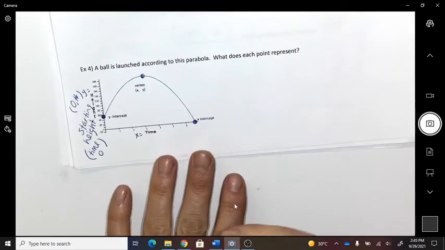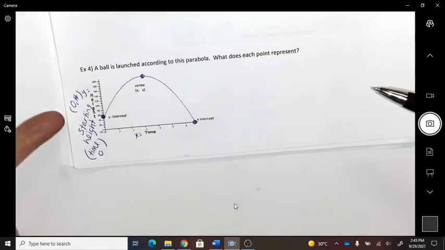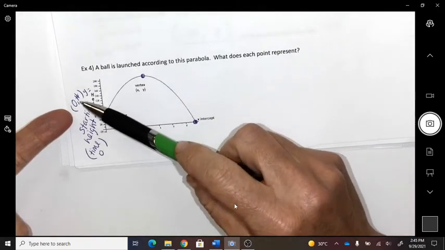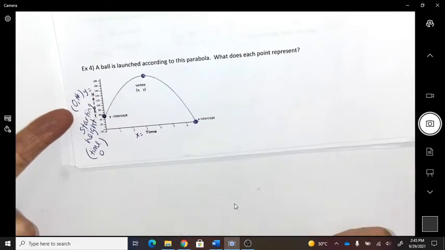Okay, so that y-intercept in this situation is telling me where I am when I'm starting. And you know that the y-intercept really is a coordinate 0, comma number, so the time is 0.